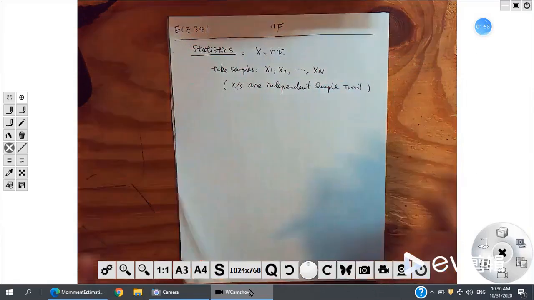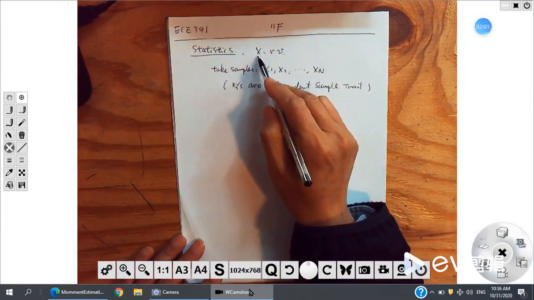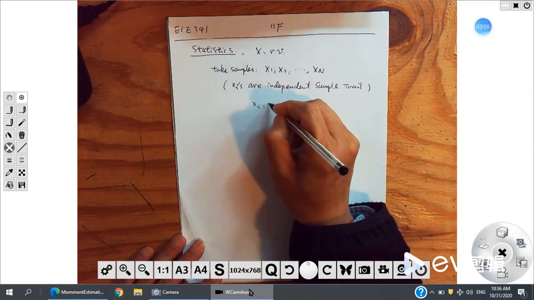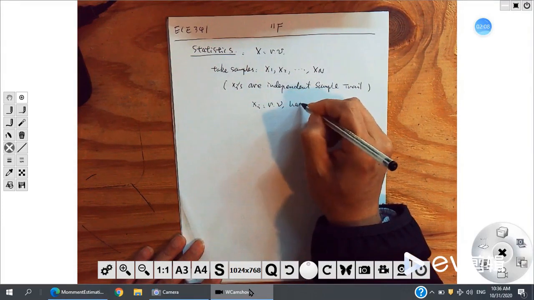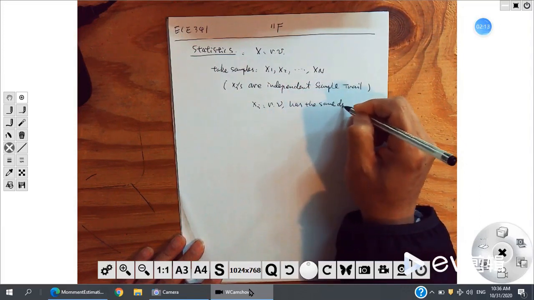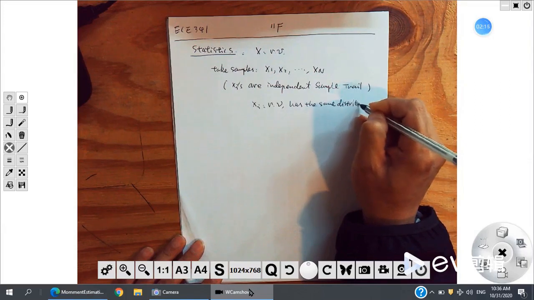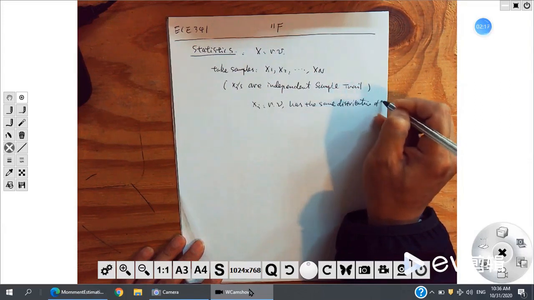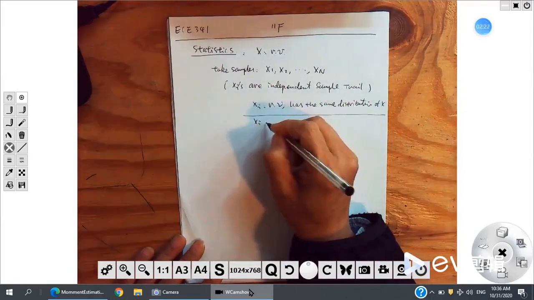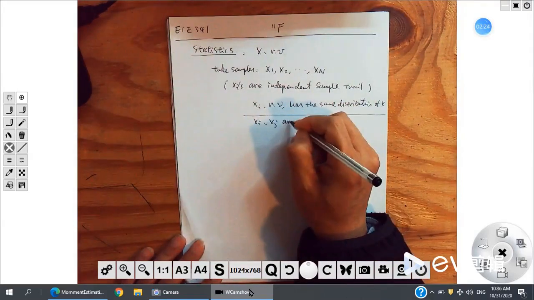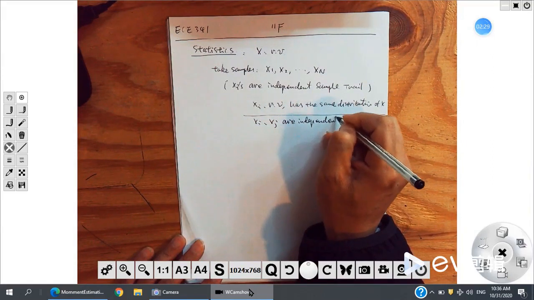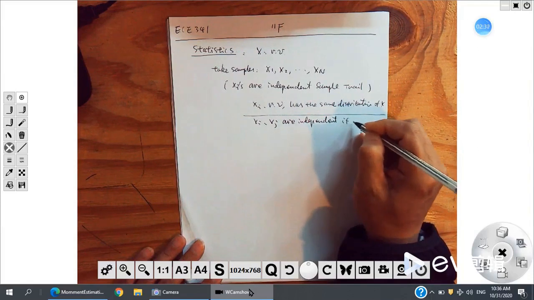It's a sequence. Every one of them is a sample of x. You can think every xi is also a random variable, has the same distribution of x. But they are independent of each other. So xi, xj are independent if i does not equal j.